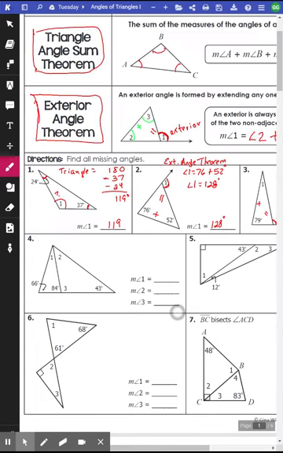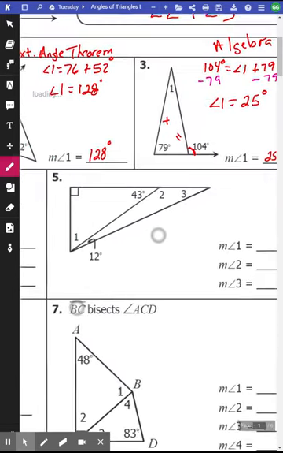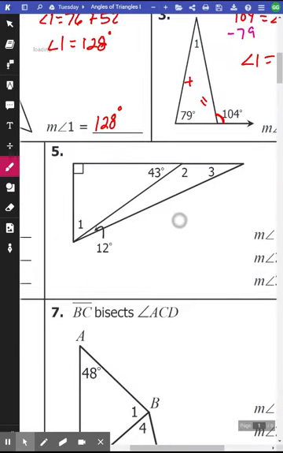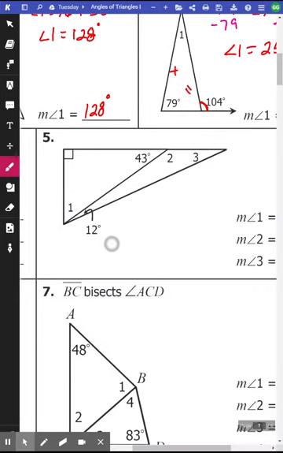Let's go to a little bit harder one. Let's go to number 5. What I'm going to do here is take what I already know. I know triangles measure 180 degrees inside. I know exterior angles add up to the two non-adjacent angles. First, here we have 90 degrees.